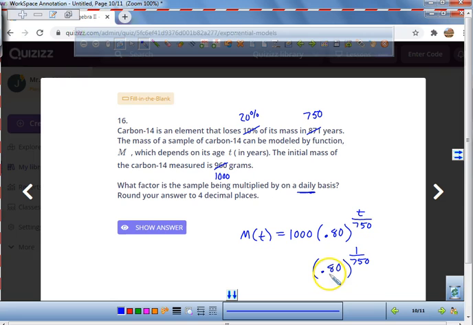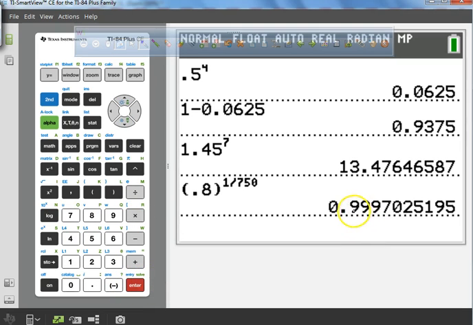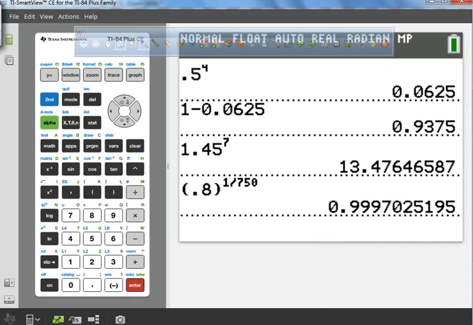So I'd have to put 0.8 raised to the power of 1 over 750, and that would give me my answer. And I'm going to do it to 4 decimal places. So I'm going to do 0.8 raised to the power of 1 over 750. I got 0.9997. So what does that mean?